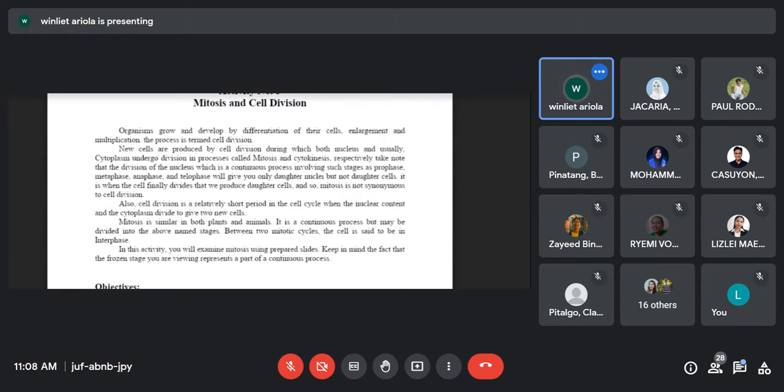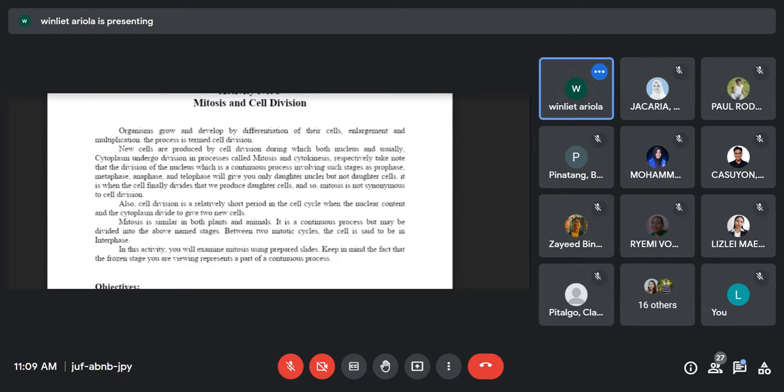Here, sinabi dito, the stages prophase, metaphase, anaphase, and telophase will give you only daughter nuclei but not daughter cells. It is when the cell finally divides that we produce daughter cells, and so mitosis is not synonymous, not the same, with cell division, but even though not synonymous, remember that mitosis is part of cell division.